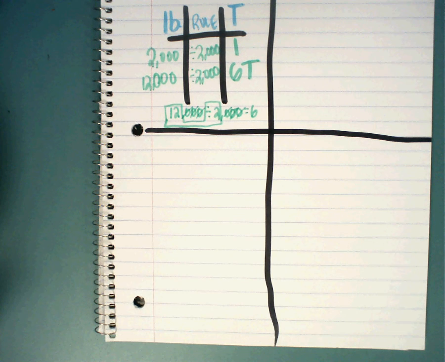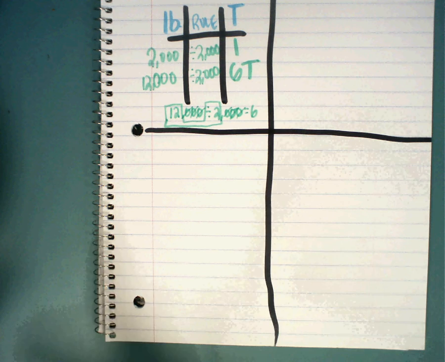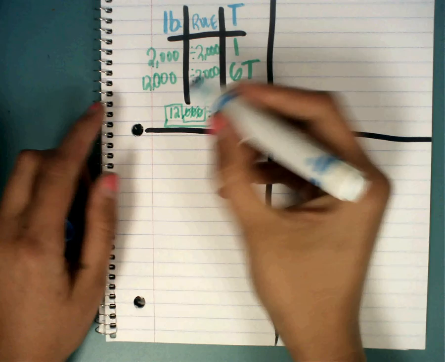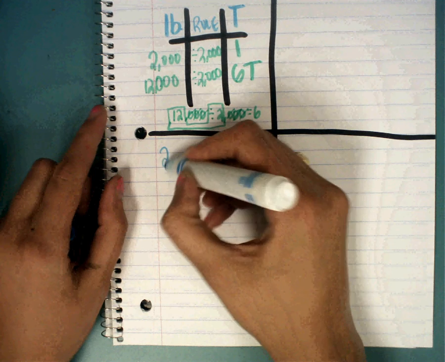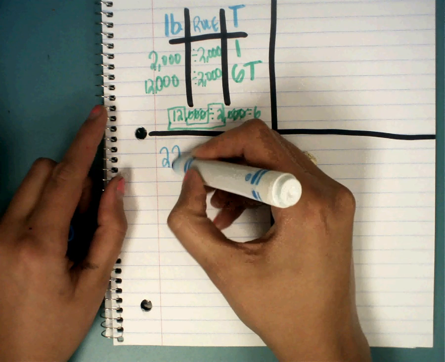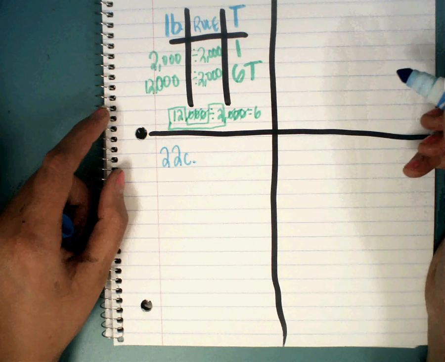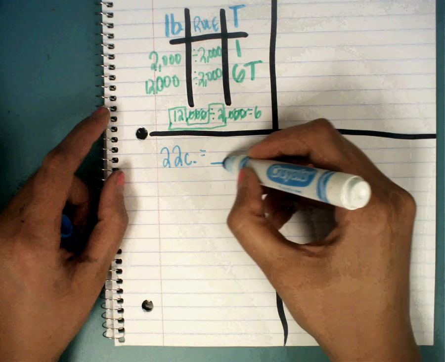Oh yeah, there's 2 pints in a quart. Oh yeah, there's 4 quarts in a gallon, right? Oh yeah, there's 8 ounces in a cup, I forgot. So I want to know if I have 22 cups, and that's how you abbreviate cups, not centimeters, cups, equals some number of ounces.